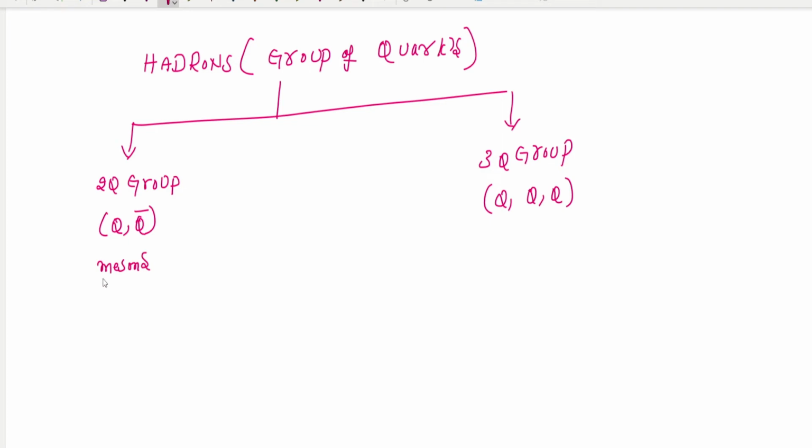The charge of this Q is plus 1 by 2, and the charge of this Q bar is minus 1 by 2. The total charge is equal to 1 divided by 2 minus 1 divided by 2, that is equal to 0. Therefore, the net spin is equal to 0.